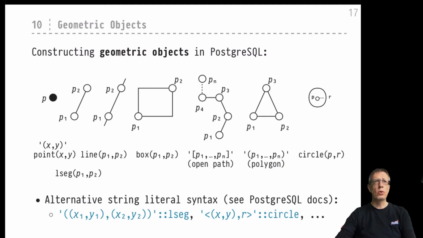We can of course talk about points P here, and if you would like to construct such a point inside a query, we could use the textual syntax that you see here between quotes, just the 2D coordinates of the point in the 2D plane, enclosed in parentheses, or we could use the constructor syntax that uses the keyword or the constructor word point here to construct the same geometric object.